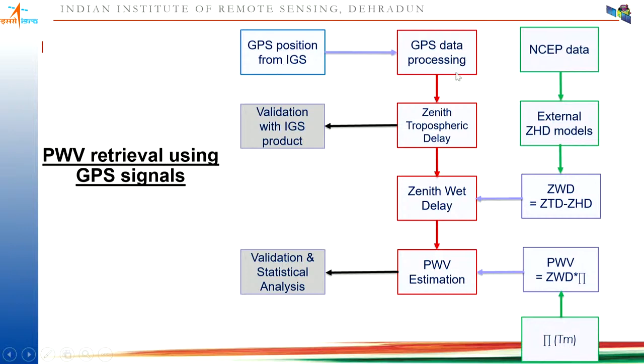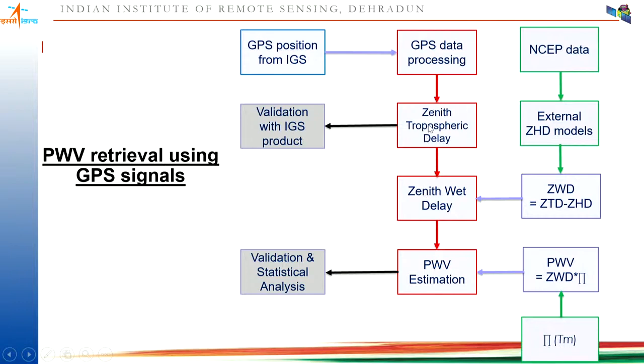If you see here, we first process the GPS data. The data is available in RINEX format; basically, various versions of RINEX are available. You can download it from IGS stations, which are freely available, and from that we estimate the tropospheric delay.